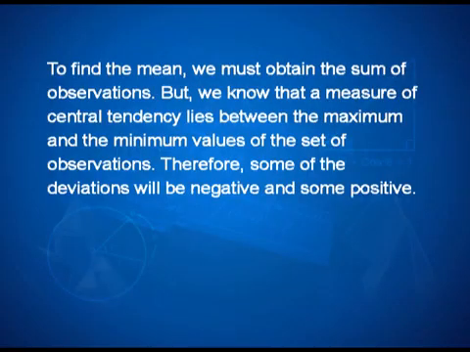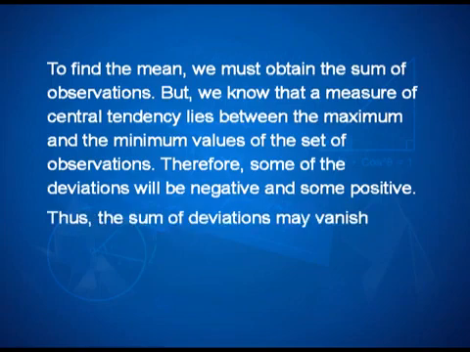To find the mean, we must obtain the sum of observations, but we know that a measure of central tendency lies between the maximum and the minimum values of the set of observations. Therefore, some of the deviations will be negative and some positive. Thus, the sum of deviations may vanish.